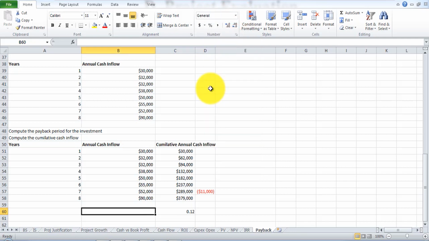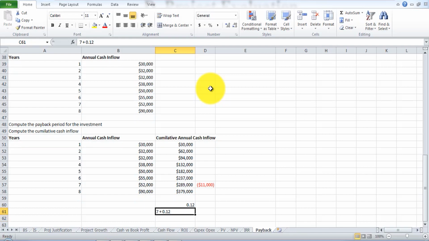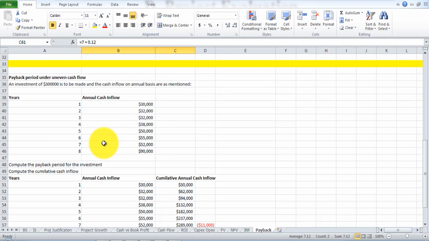So your payback period is going to be 7 plus 0.12, which is 7.12 years. Your payback period is 7.12 years, and obviously you're going to reject the project because it's far beyond the company's desired payback period of 4 years.